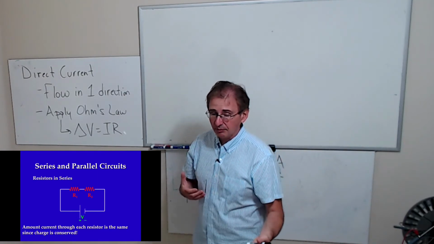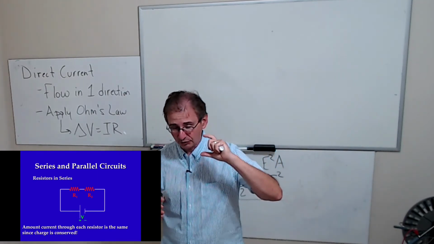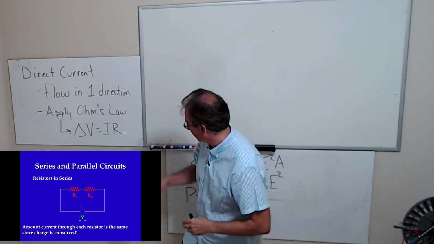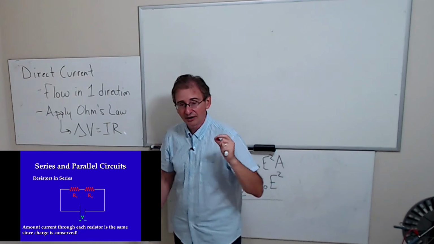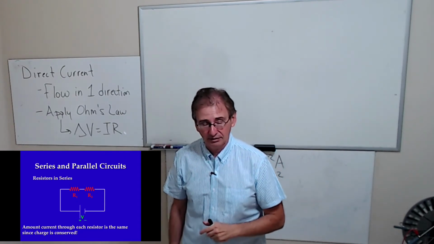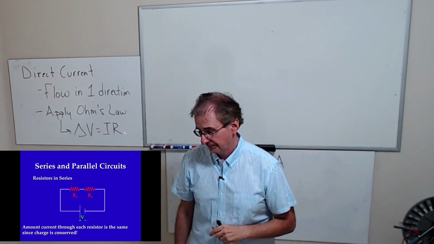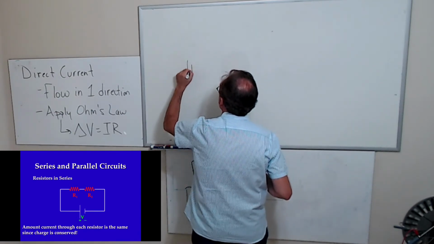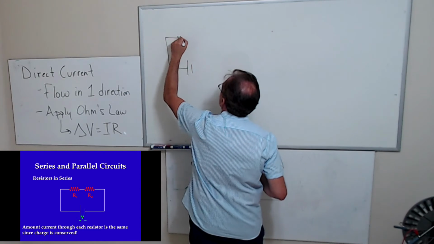A device like a light bulb, even though the resistance can be defined, really doesn't obey Ohm's law, because delta V over I is not constant for any delta V. So a symbol for a resistor is just a squiggly line.